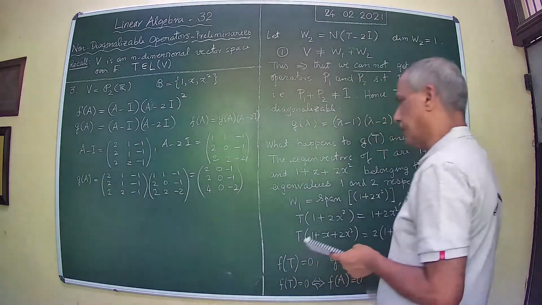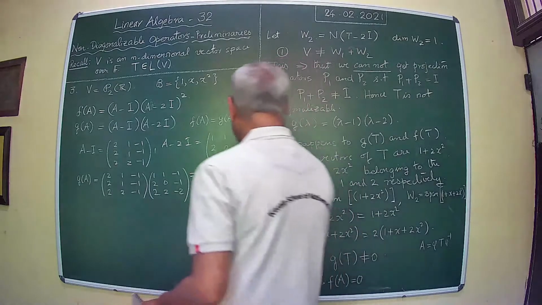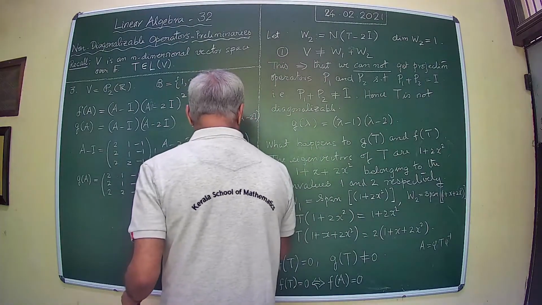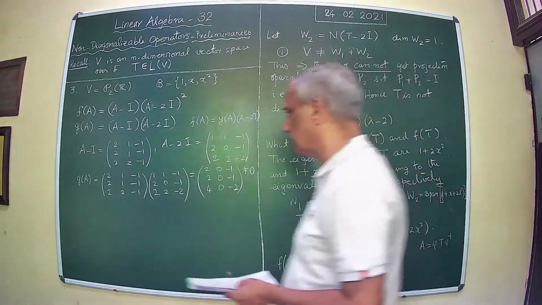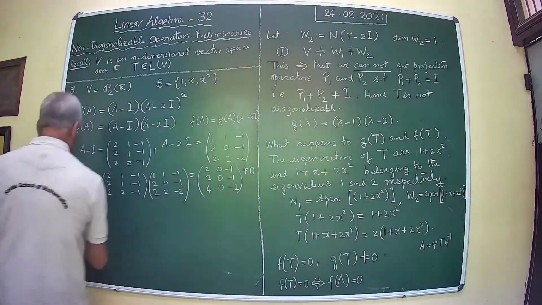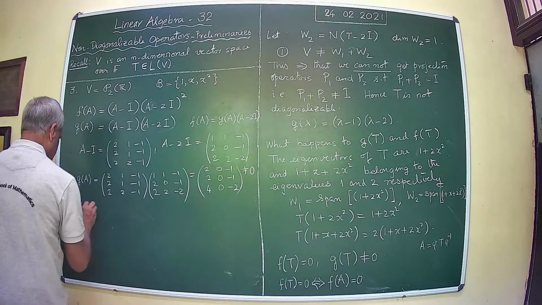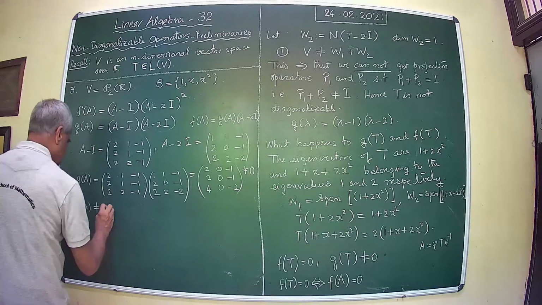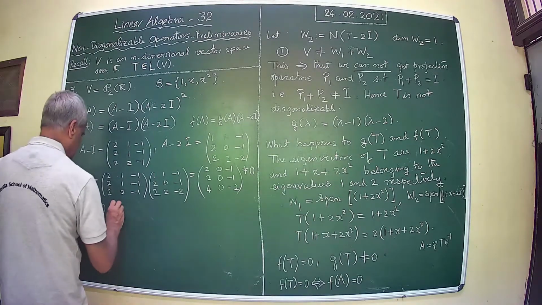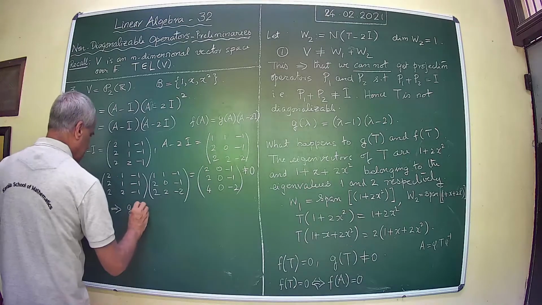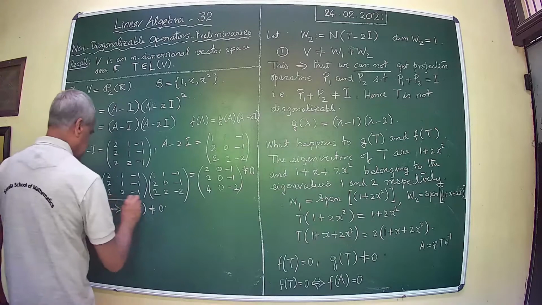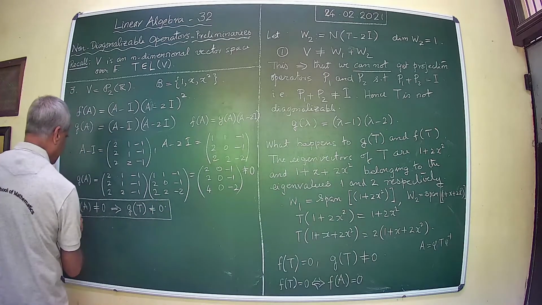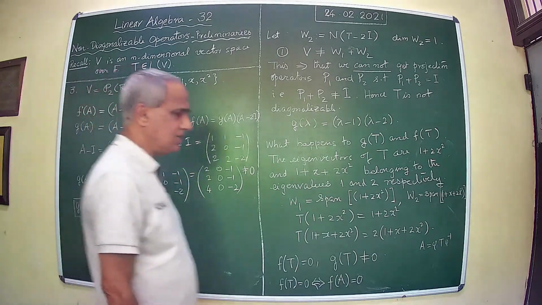This is what you get. And this is not the zero matrix. So g(A) is not equal to 0. Consequently, this is one observation that we make in this particular example: g(T) is not equal to 0.